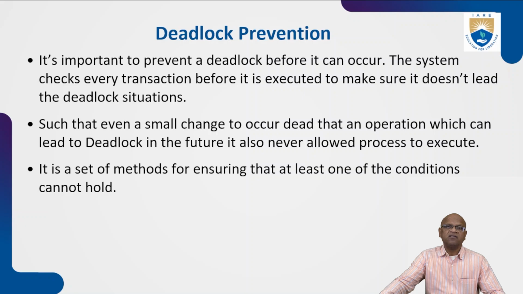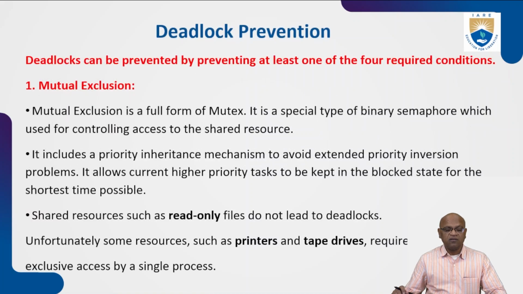It is a set of methods for ensuring that at least one of the conditions cannot be held. So these are the four conditions we should avoid. If at least one breaks, then deadlock will not occur in the system. So deadlock can be prevented if at least one of the four required conditions breaks.